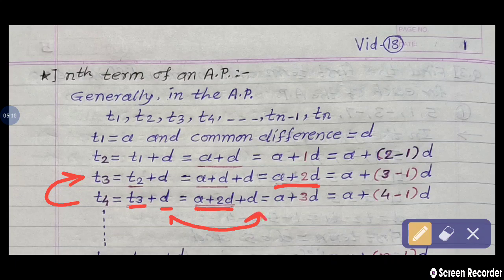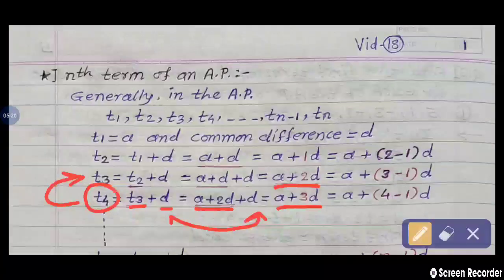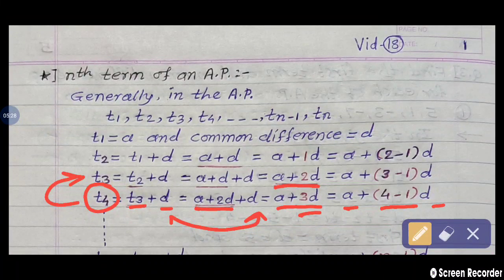So 2D plus D, how many times D? 3 times the difference we are adding to the first term. So A plus, now we find the fourth term. How many times are we adding the difference? 3 times. So we write it this way: A plus 4 minus 1 into D.